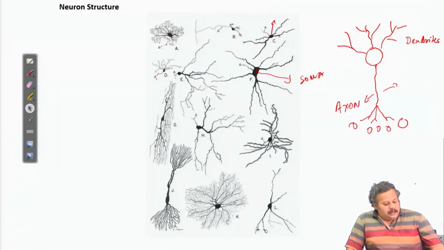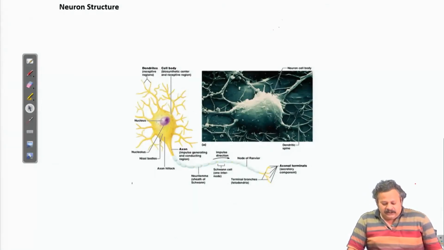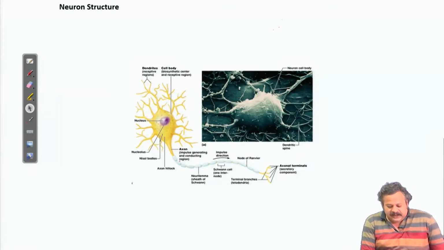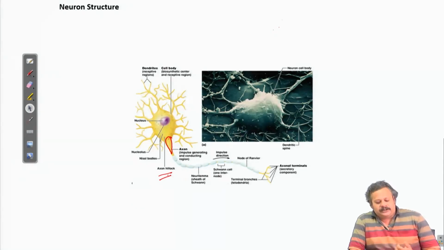So if we look at it more closely in a cartoon form, what we see here is the axon, where the beginning of the axon from the soma is what we call the axon hillock, where the action potential, or the currency of computation that we will discuss later, is actually initiated.